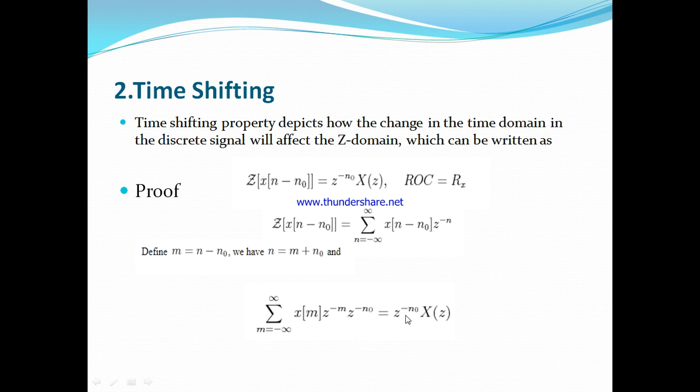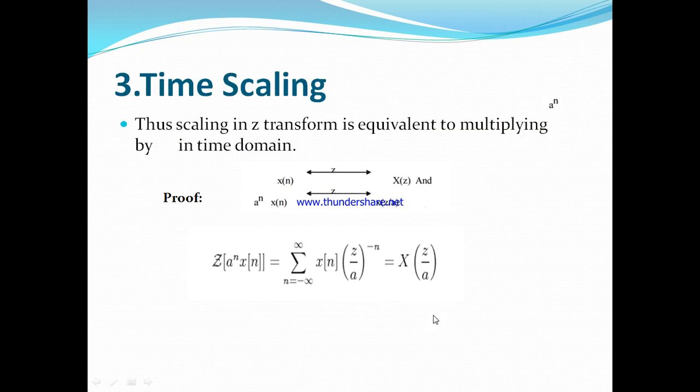From this we get z power minus n naught into X of z, because sigma m equal to minus infinity to infinity x of m into z power minus m is X of z.